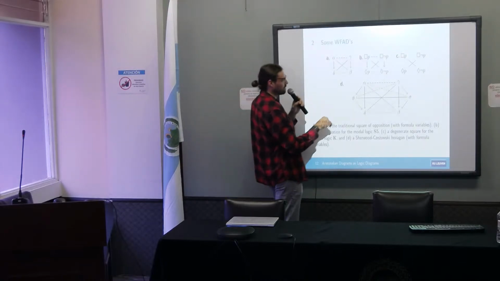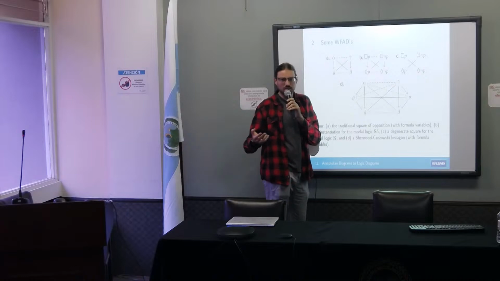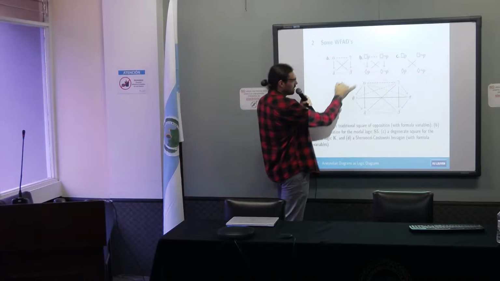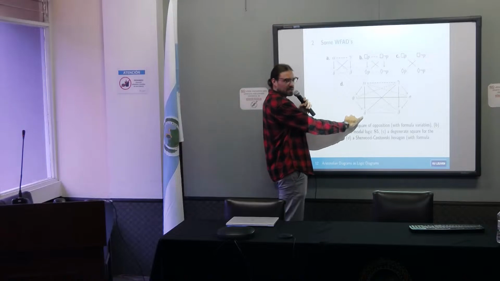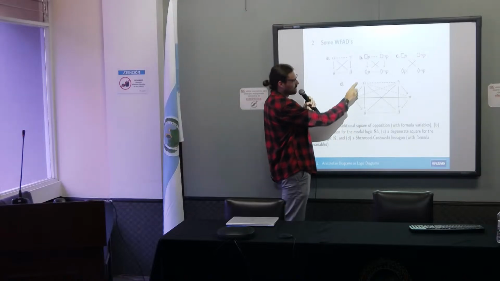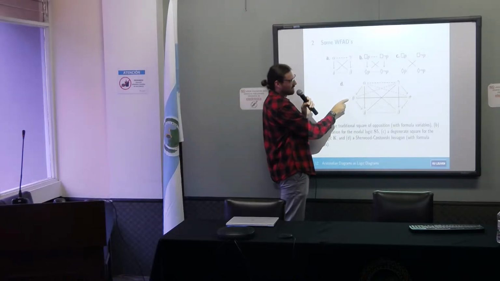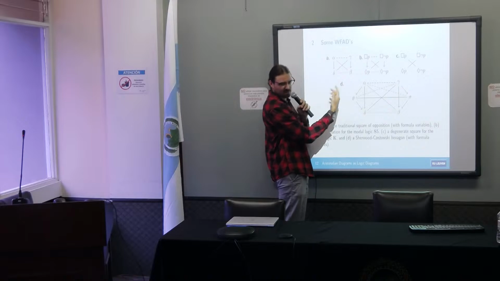So for example, if we are working in modal logic KT, then this could be box P, this could be P, and this could be diamond P. Right? Because it's necessary that P implies that P is the case in KT.